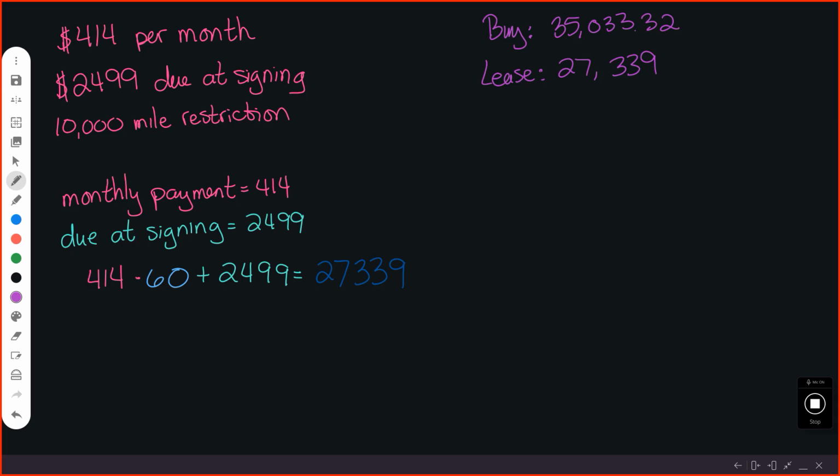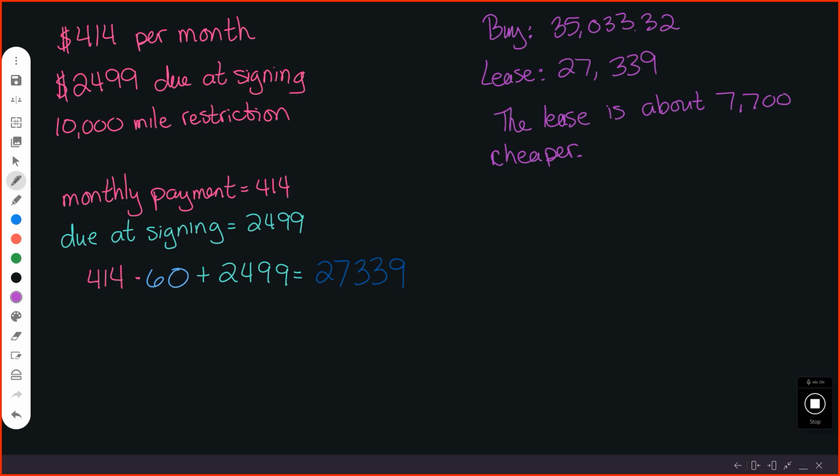All right. So it saves you about $7,700 to lease instead of buy. I think it's about $7,700. The lease is cheaper, less expensive.